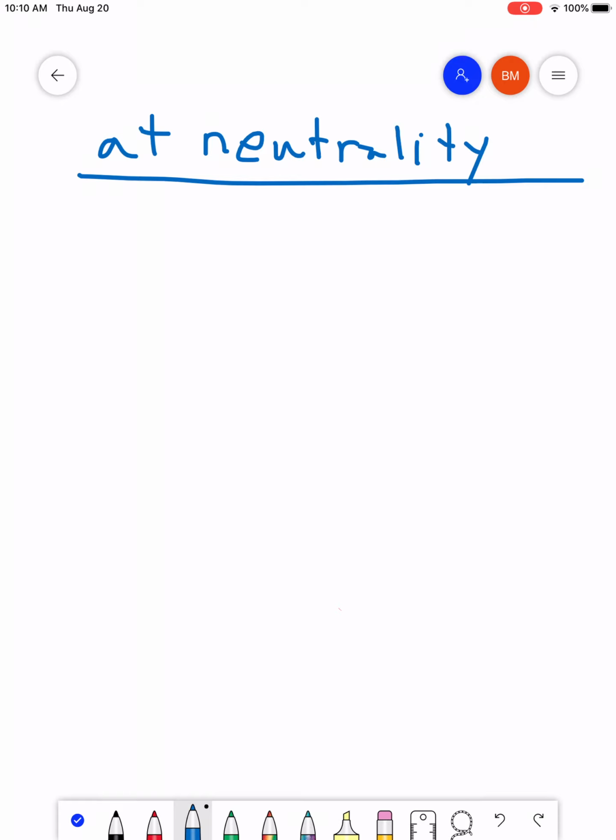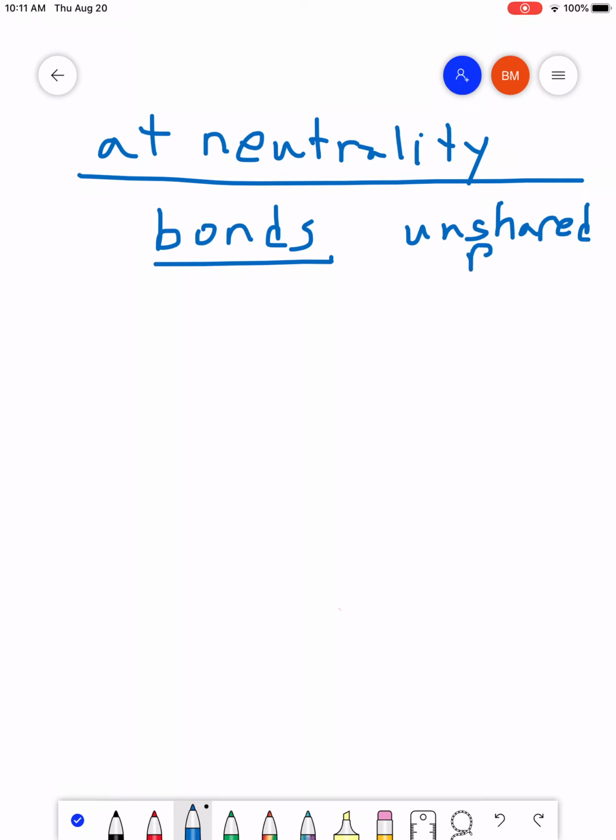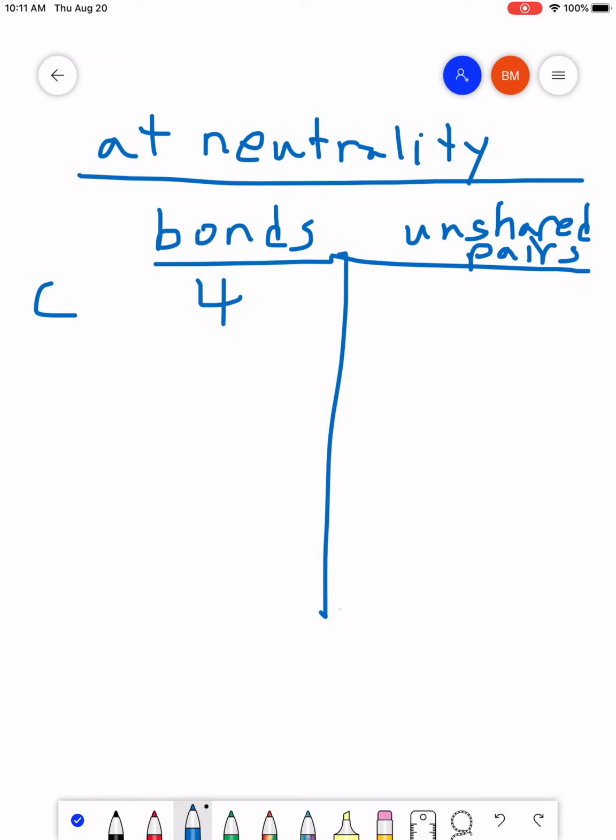All right, so I'm going to create two little subcolumns here: bonds and unshared electron pairs. We'll start with carbon. Carbon, in its neutral state, likes to have 4 bonds and 0 unshared electron pairs.